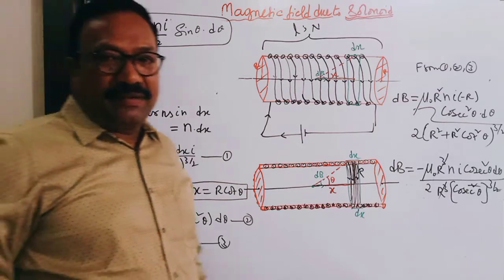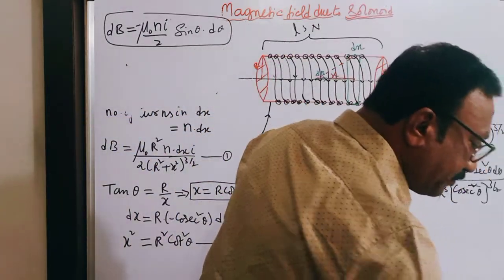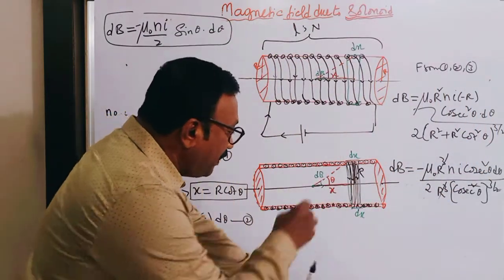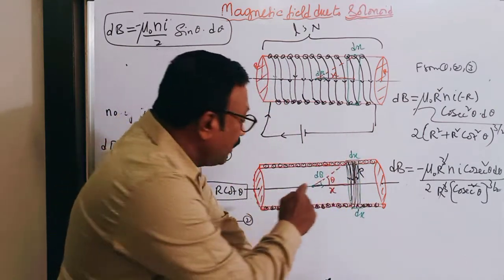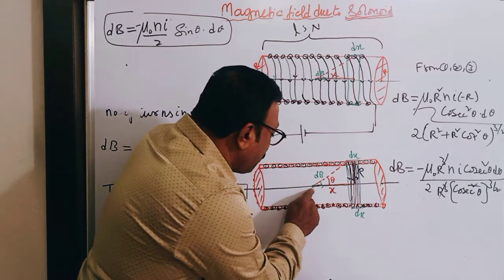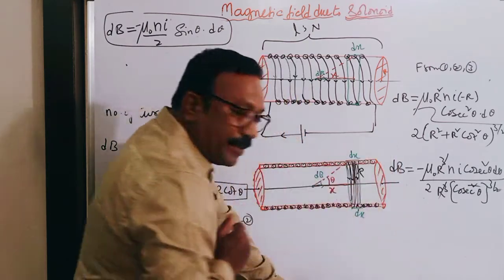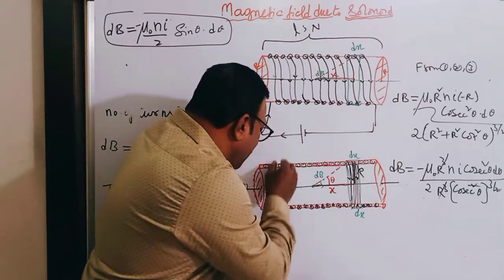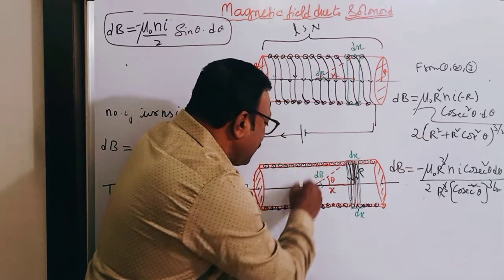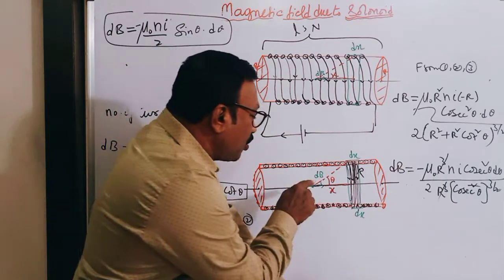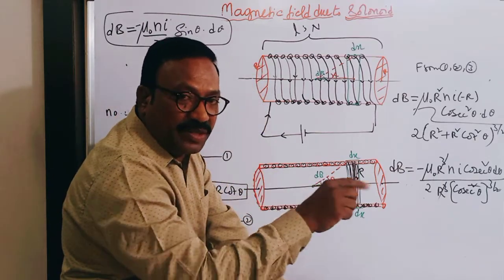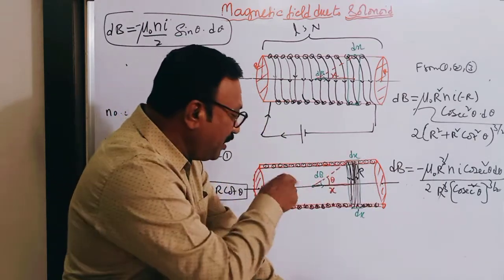Now what are the limits? This is very important. See, I am determining the magnetic field dB due to this elemental ring. If I want the magnetic field at this point due to this total solenoid, there will be elemental rings here, dx, dx, dx, dx. Each elemental ring will contribute to the magnetic field dB1, dB2, dB3, etc. I have to integrate the dB, then you will get the magnetic field.